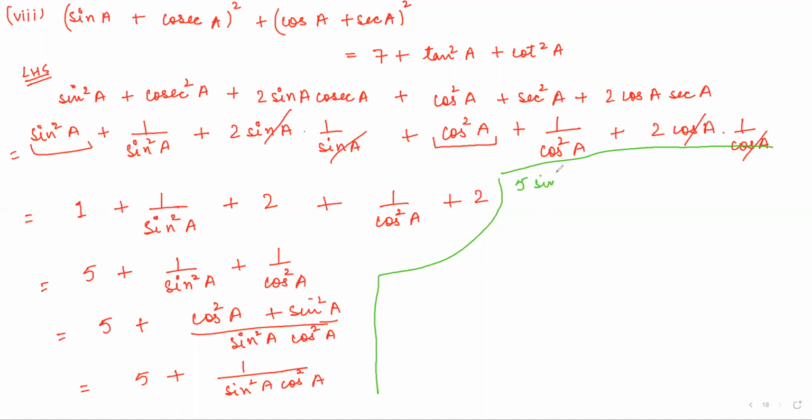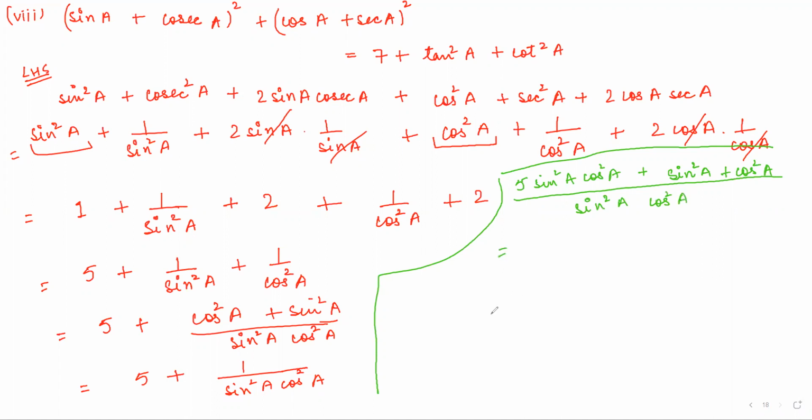So 5 sin square A cos square A, and then plus this one I'm writing as sin square A plus cos square A. Anyway, we will do it again. Just let me see what I'm getting. So sin square A cos square A, right?